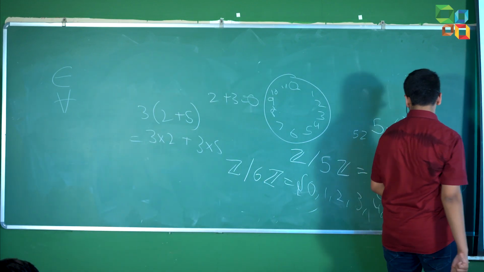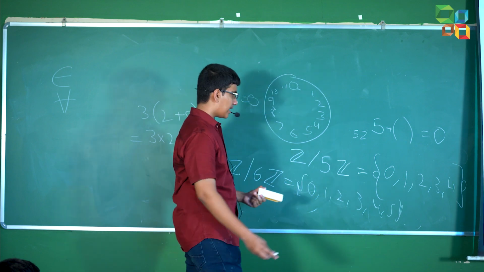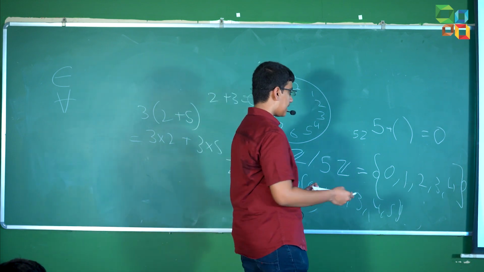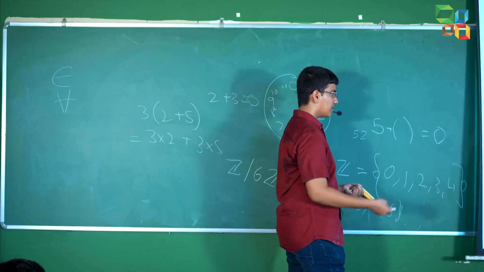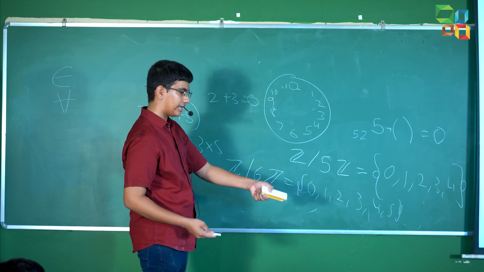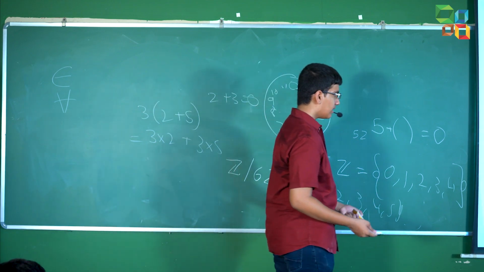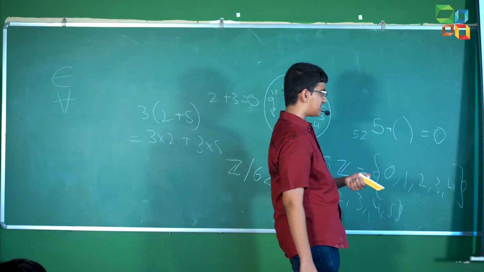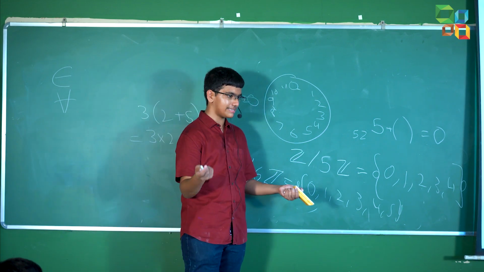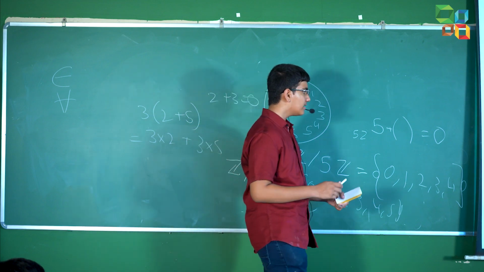We saw the closure property, right? Whatever you do, it comes back to the set. Multiplication and addition are commutative. Like 3 times 2 and 2 times 3 were the same. It follows the distributive law. 3 times (4 plus 2) is the same as 3 times 4 plus 3 times 2.